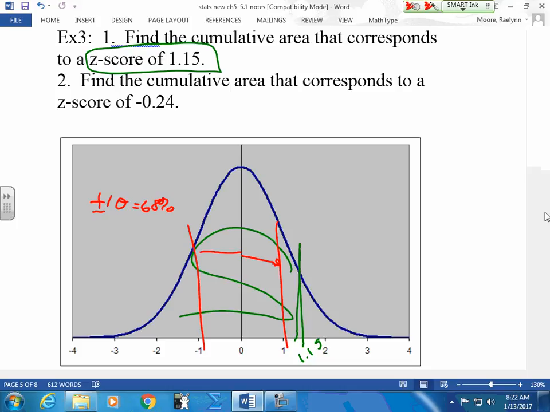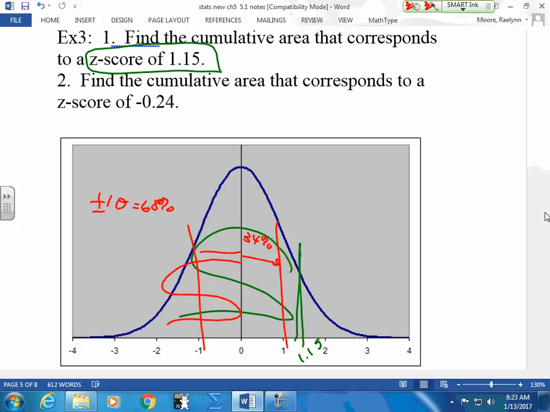Aren't these symmetric? 34%. 75 is a really close number because watch. If this is all 50 and up to 1, I'm 34%. How much is that so far? How much did I come from here to here so far up to the 1? 84%. So I'm pretty close with the 75, right?